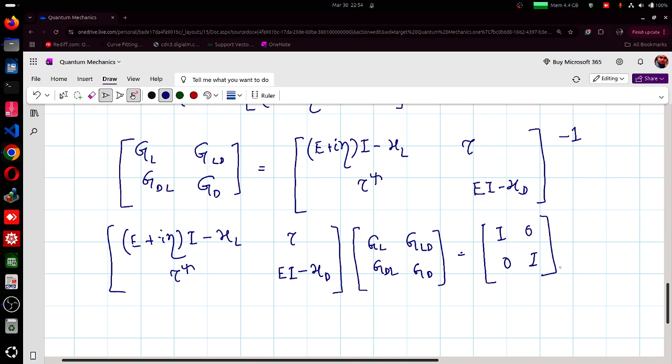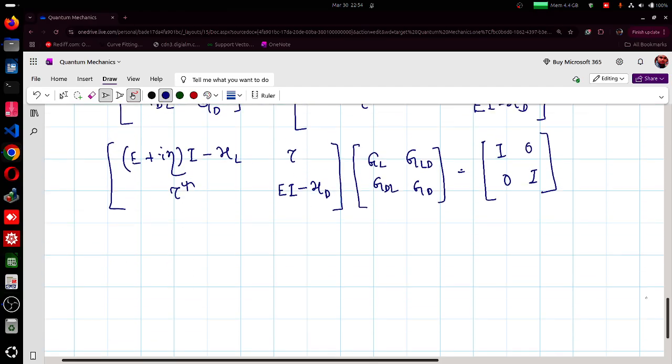Now if we simplify, what will we get? Let us focus on this part. So we will write E plus iota eta minus HL times GLD.